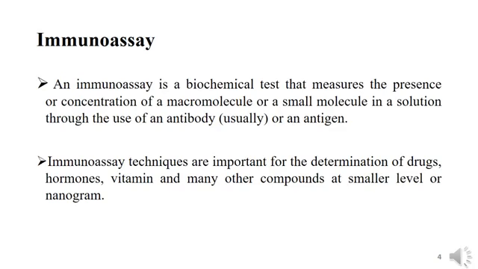It will be directly proportional to the concentration of analyte, because the labeled antibody will not bind if the analyte is not present in the unknown sample. This type of immunoassay is also known as sandwich assay, as the analyte is sandwiched between two antibodies.